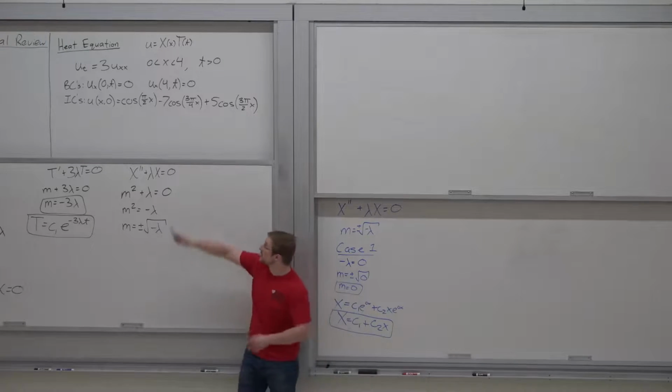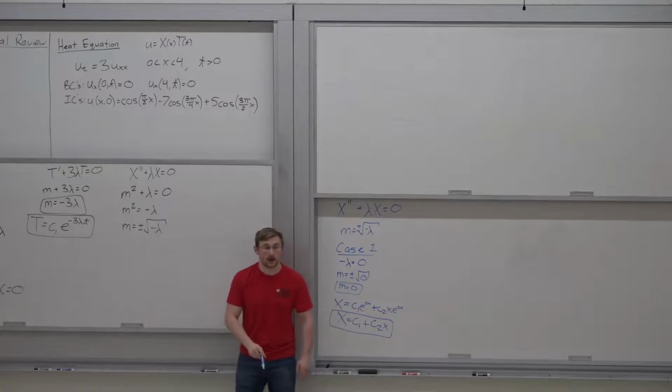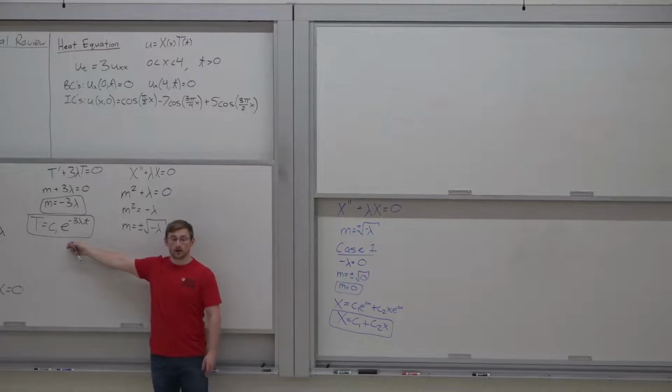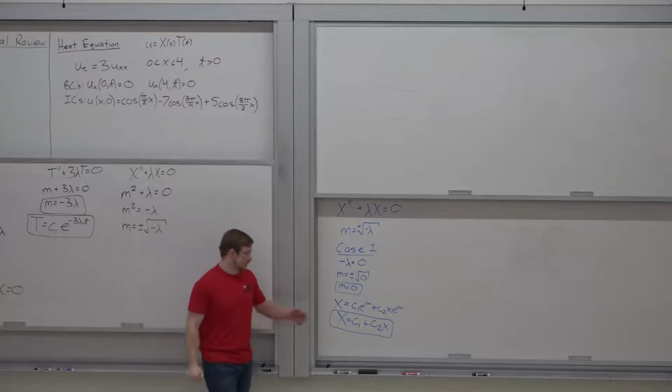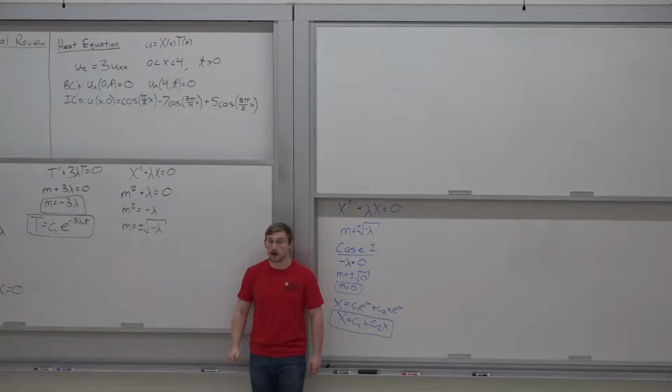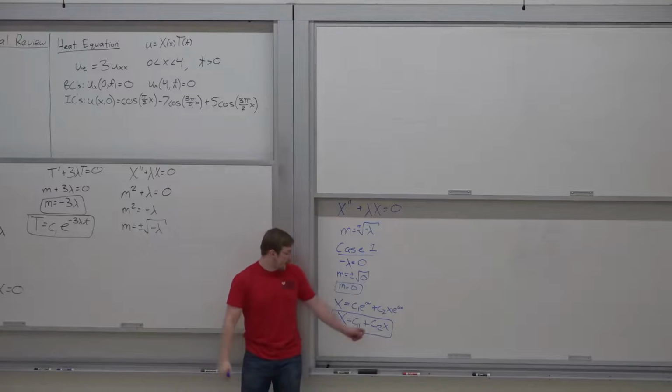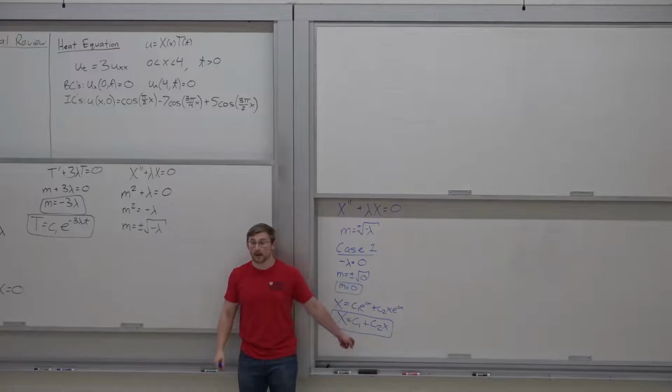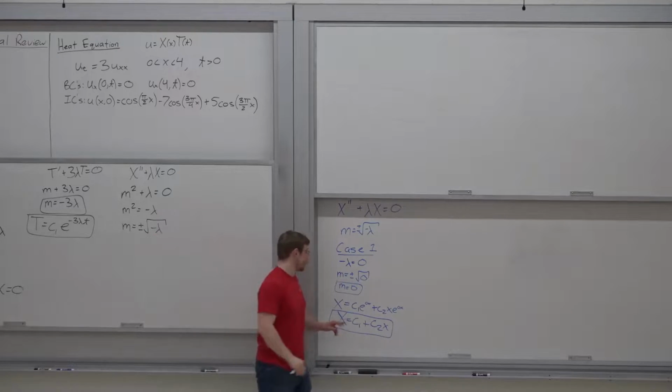Since I'm leaving t as the variable t, this isn't going to have any effect on that boundary condition. The only thing that's going to affect that boundary condition is my function X. So I can take those boundary conditions and plug them in for just my X and ignore my T and just leave that on its own. So that's what we're going to do.